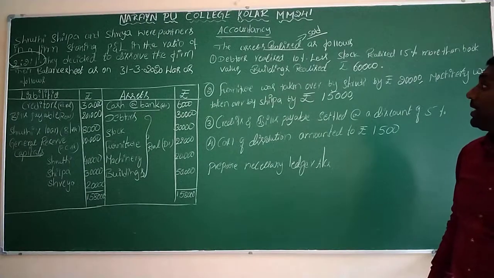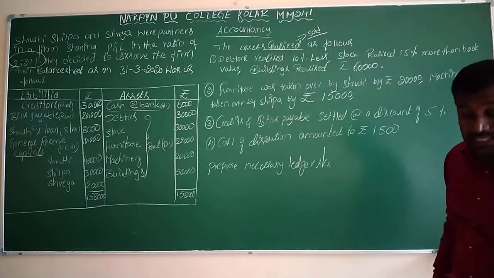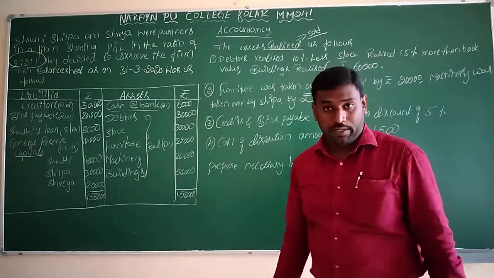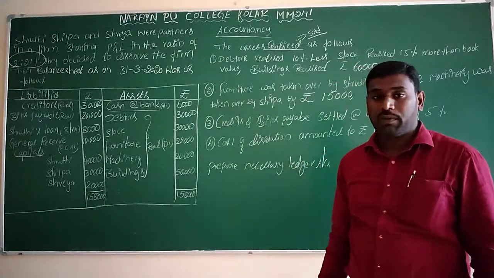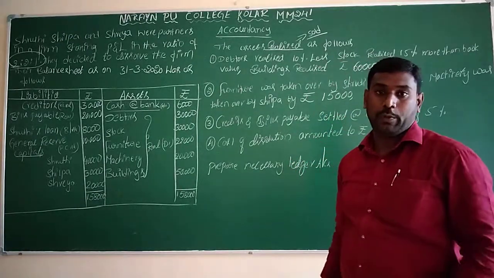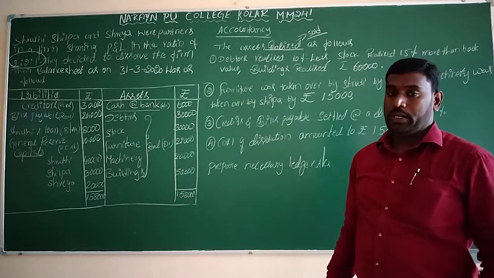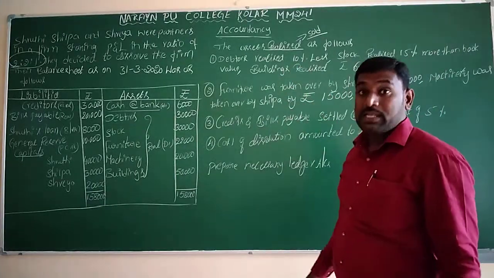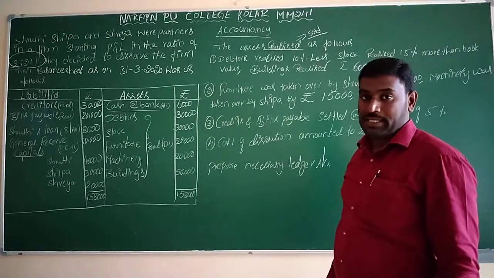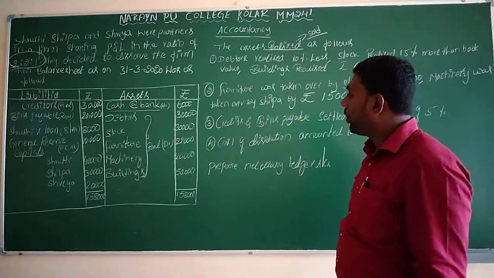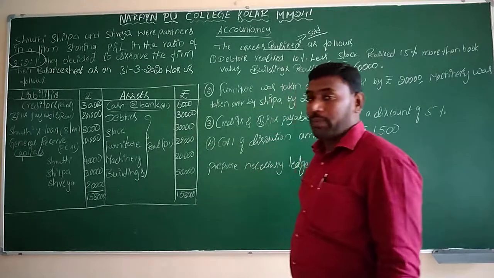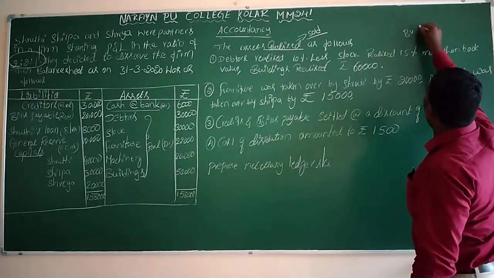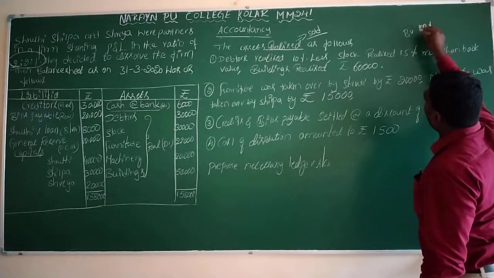Debtors realized 10% less. Here the value is not given particularly. If the value is given, we should consider that value. In this question, apart from values, they have given a percentage, some particular percentage. So, less is nothing but, book value we should consider as 100%.